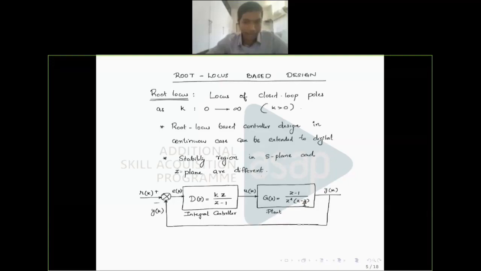We have taken some hold device and considered some sampling period capital T. With that hold device and sampling period capital T, we have obtained the discrete equivalent of the plant. And now we are using that discrete equivalent of the plant to design the controller. So understand that this is the discrete equivalent of the plant.